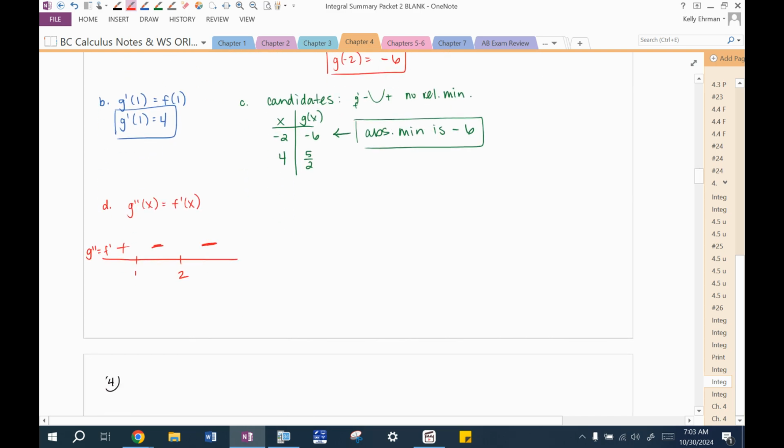So there's not a point of inflection at 2 because g double prime has not changed signs, but there is one at 1. So x equals 1 is a point of inflection because g double prime of x equals f prime of x changes signs. You can say changes from positive to negative, but that part doesn't matter if it's just a point of inflection.